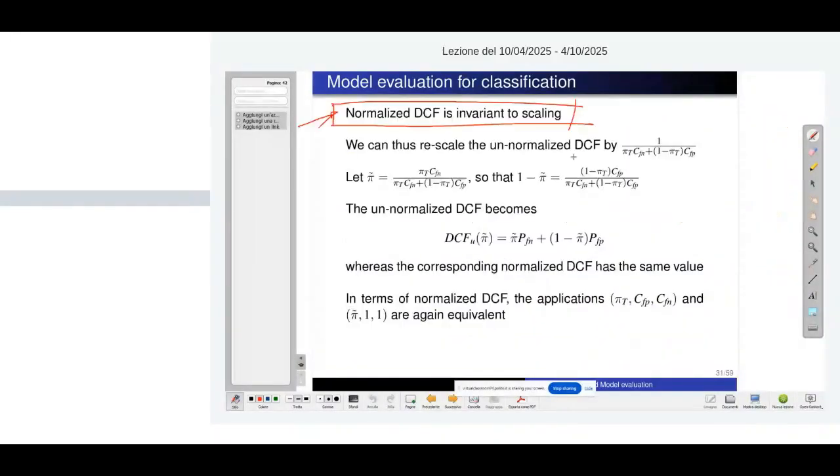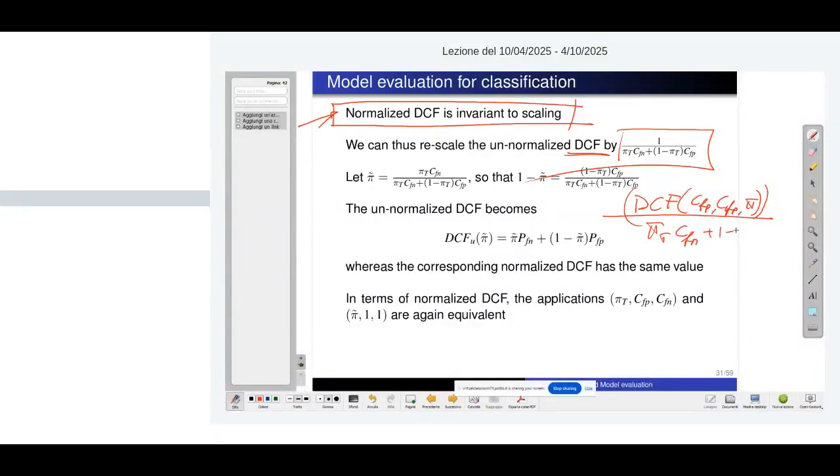So we can take our DCF and use this scaling factor, which may look strange, but we define an unnormalized DCF that is obtained by taking the original DCF for cost of false negative, cost of false positive, and pi, and dividing it by this cost.